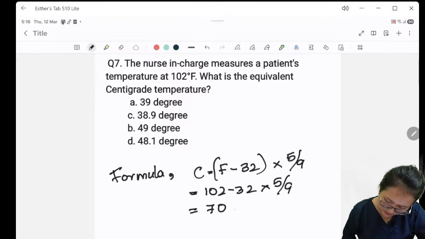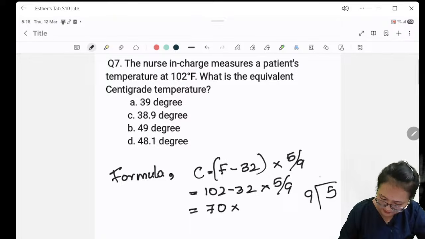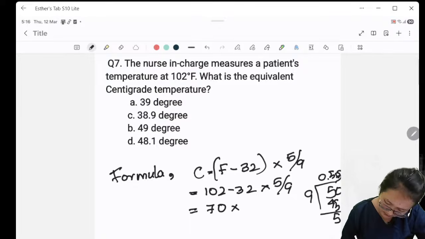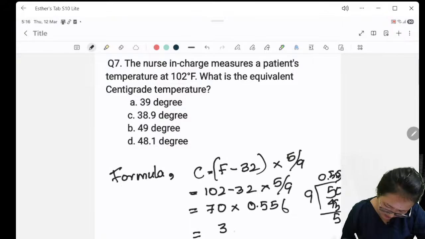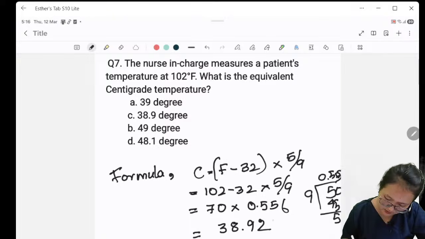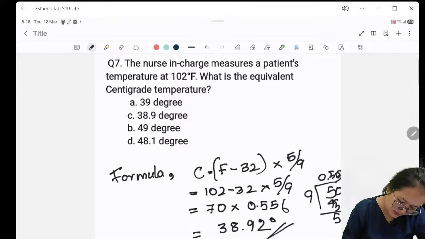When we divide 5 by 9 we get around 0.5556, right? So when we multiply 70 by 0.556, we'll get around 38.9 degrees, 38.92 degrees. So here the right answer will be C, 38.9 degrees.